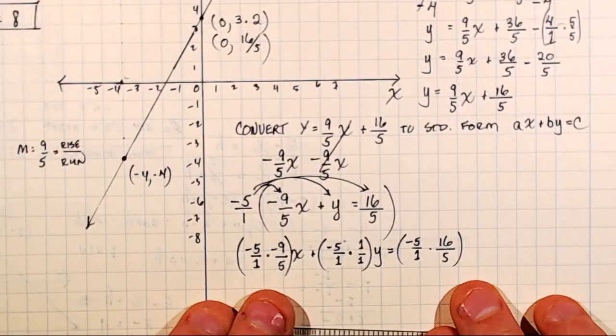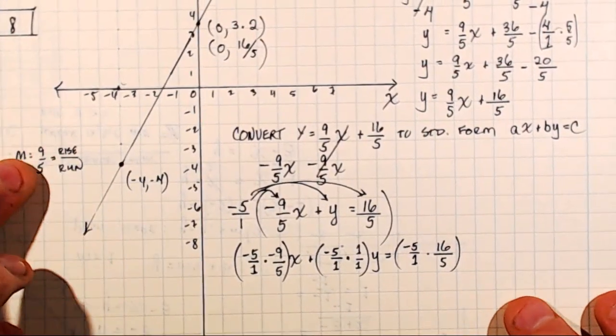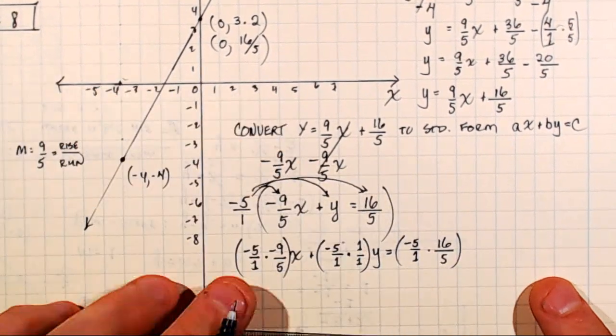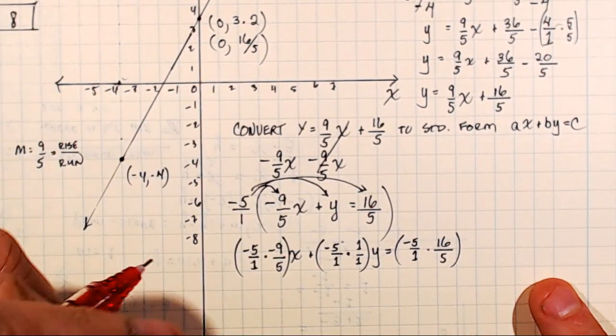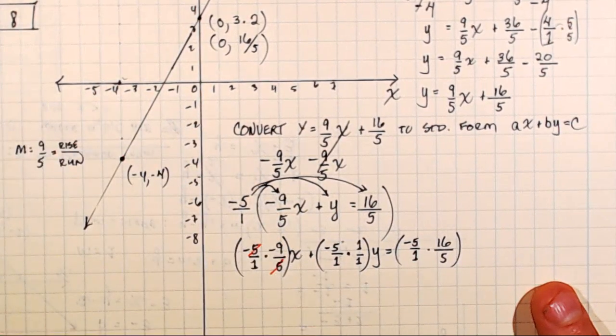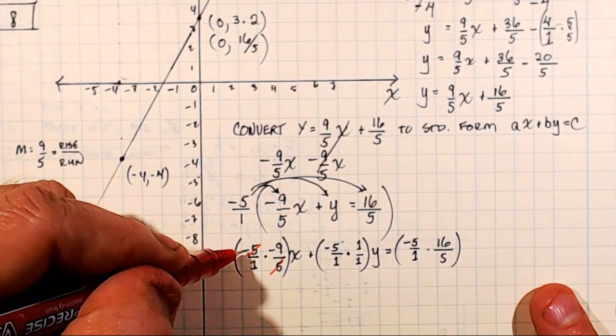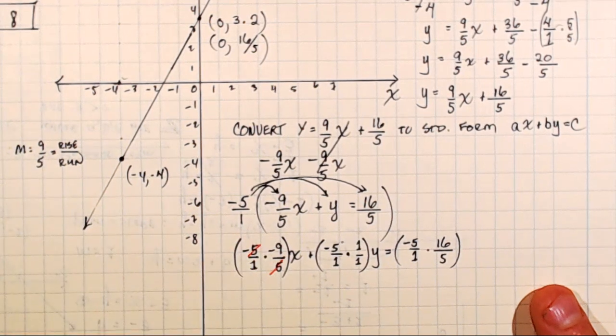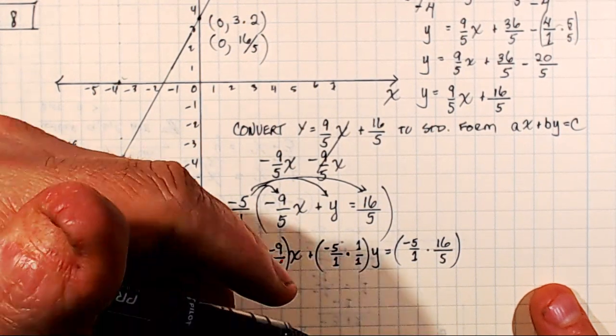All right, this looks really frightening, but we're going to be able to cancel a lot of this stuff out. So here, I'll use red to cancel. Here, the 5's cancel. Okay, so we're really multiplying negative 1 times negative 9, and that just gives 9.